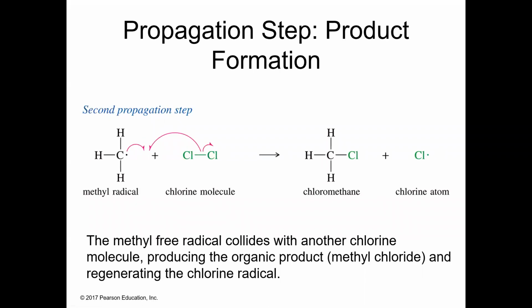Here's another possible propagation step. That methyl free radical can react with a chlorine molecule, which was not split, and this generates another chlorine atom, and also generates a product molecule, chloromethane.